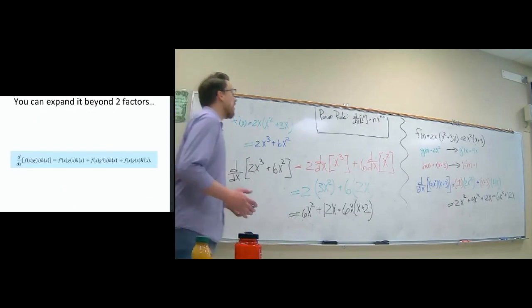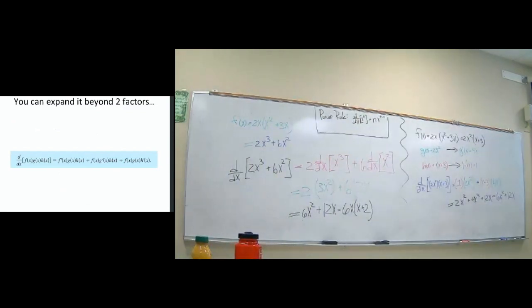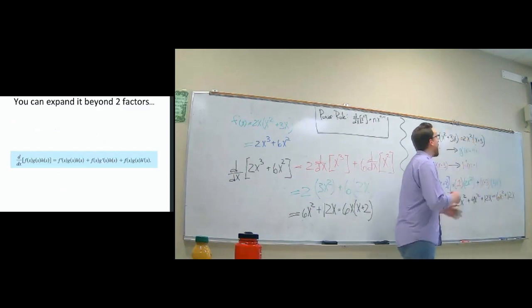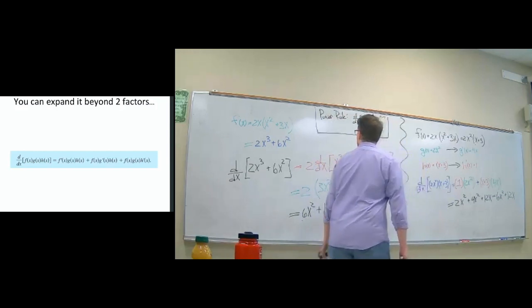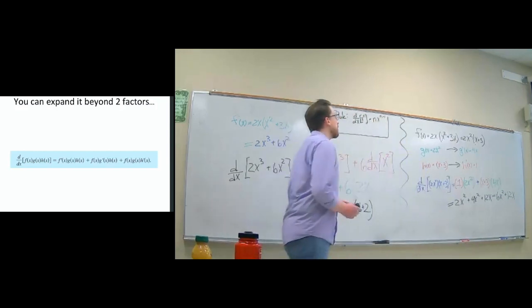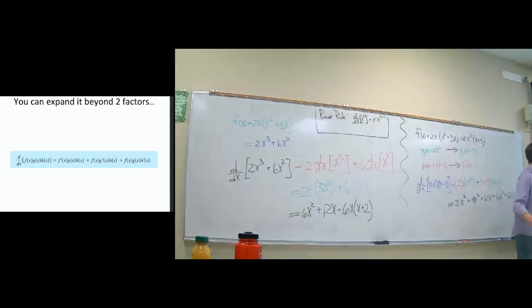That said, we could go beyond just 2 factors. Let's say we wanted 3 factors here. So we wanted 4 factors, 5 factors, 6 factors. Now I point this out because, all right, boiling out 2 terms, or 2 factors, that's not that bad, right?